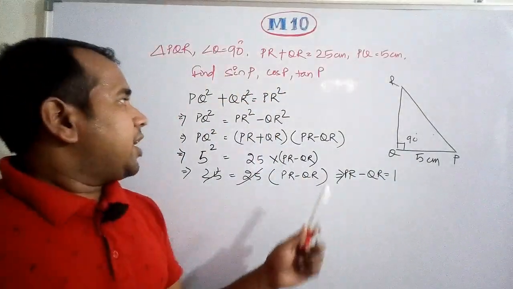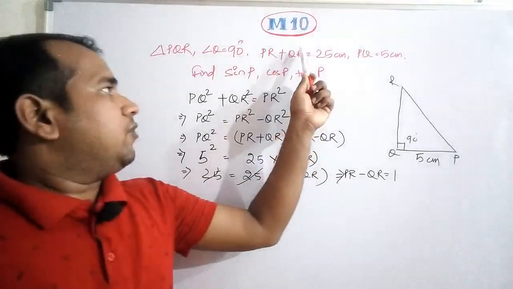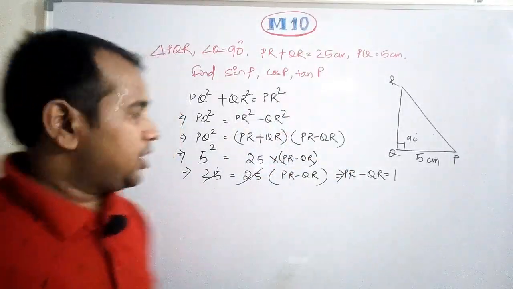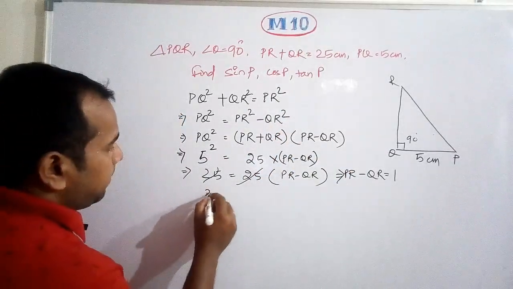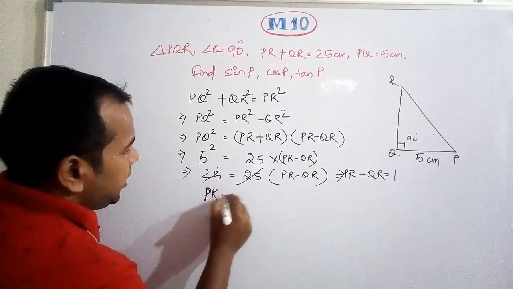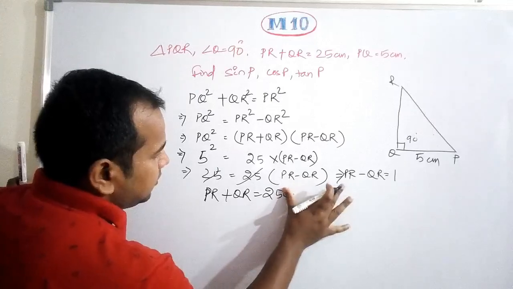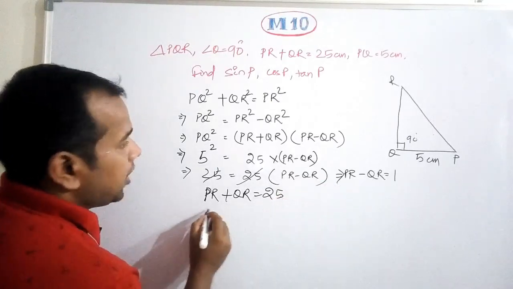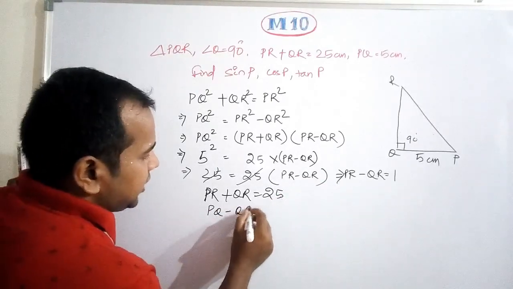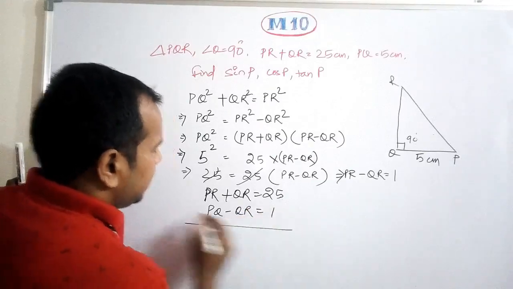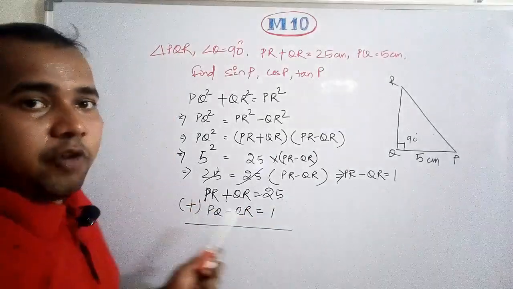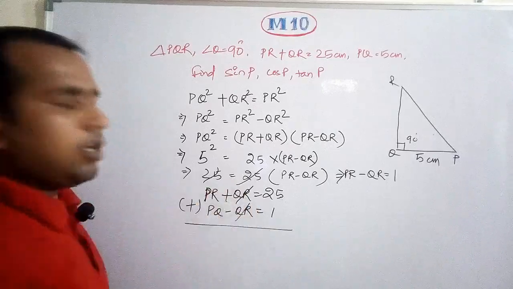Now see here, you are getting two linear equations. One is this one and this one. Let us solve this. PR plus QR equals 25 centimeter. PR minus QR equals 1. Now simply add these. When you add, QR and QR will be cancelled.